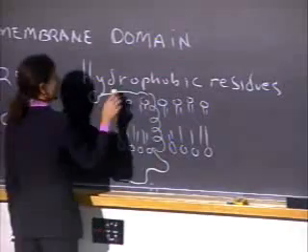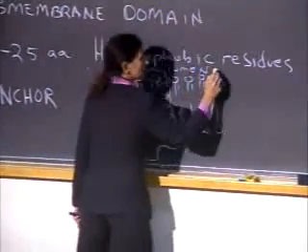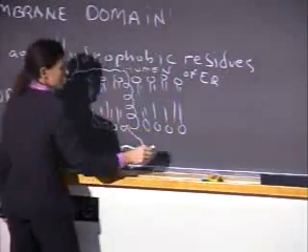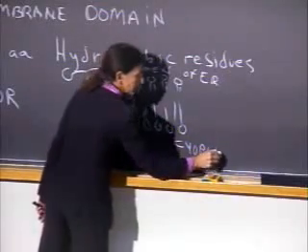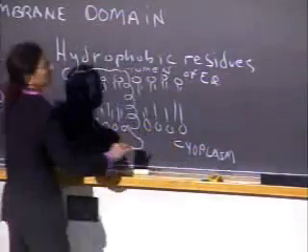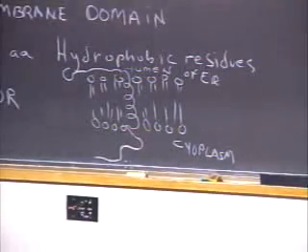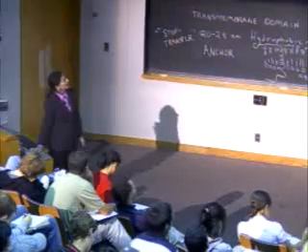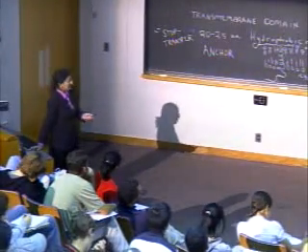If this part is the lumen of the ER, right in here, then this is the cytoplasm. Okay, so that's how membrane proteins of this kind look. Now, as you can see here, it's in the membrane. It's embedded in the membrane.